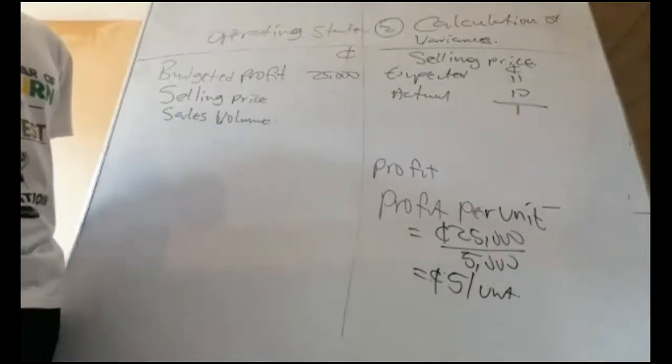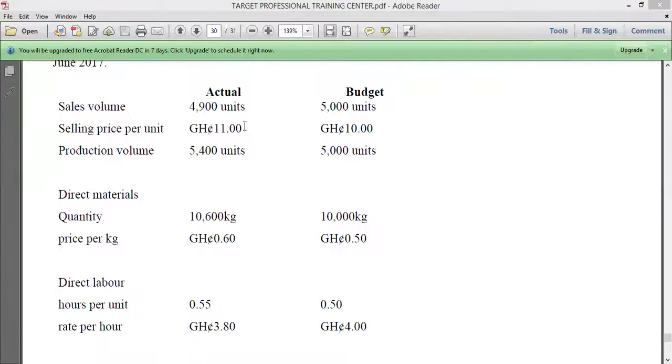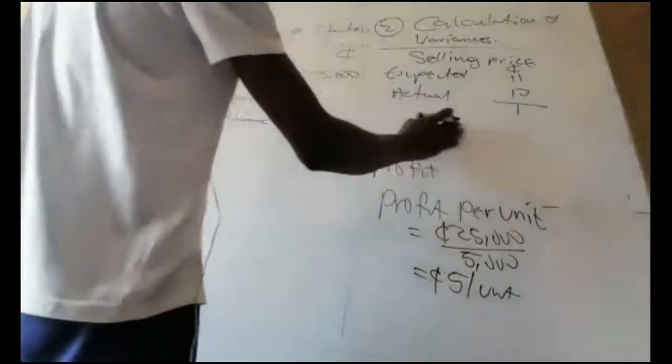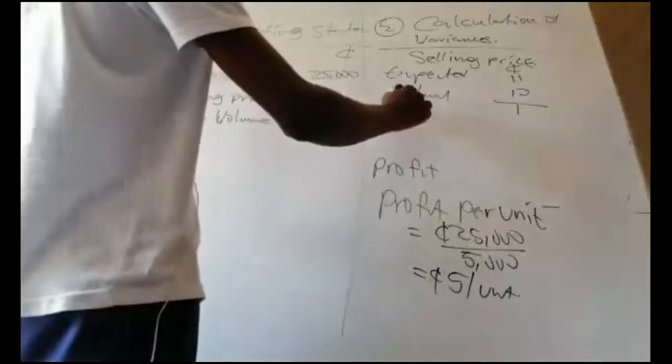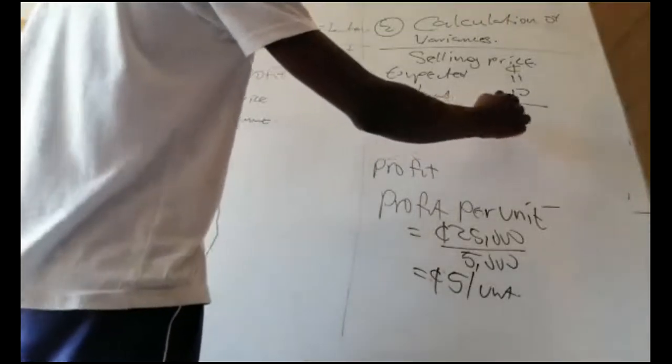So let's pick the actual units sold. Sales volume actual is 4,900. So here it will be 4,900 Ghana cedis, favorable or adverse.